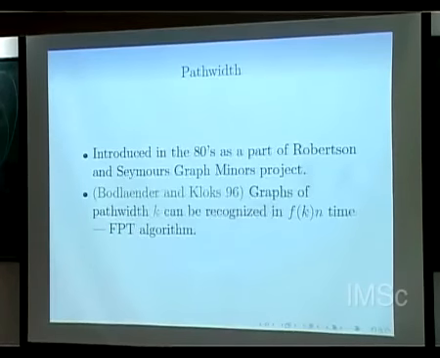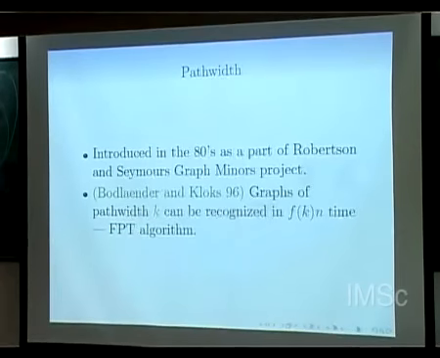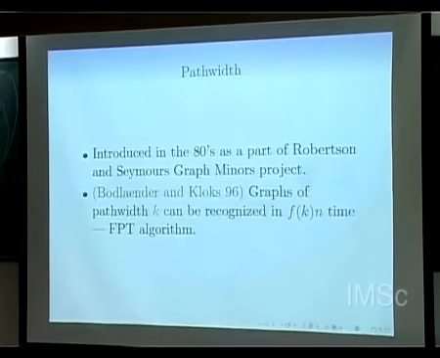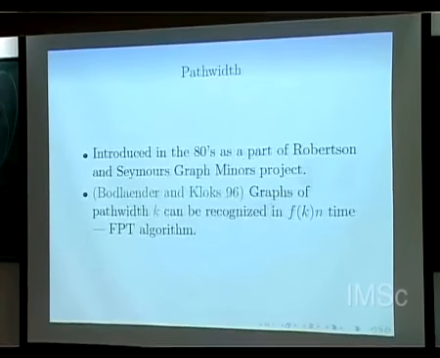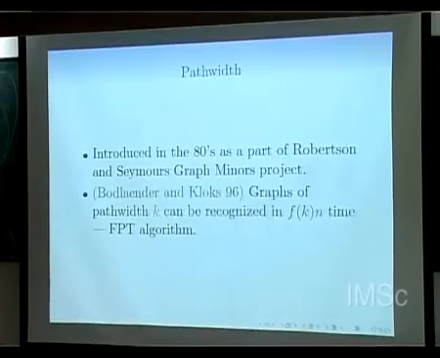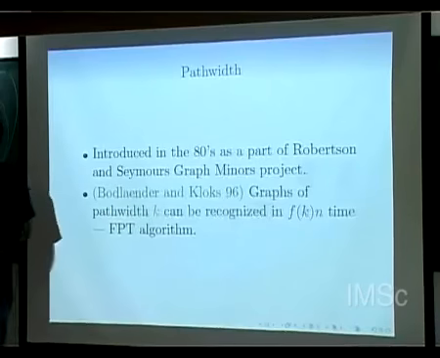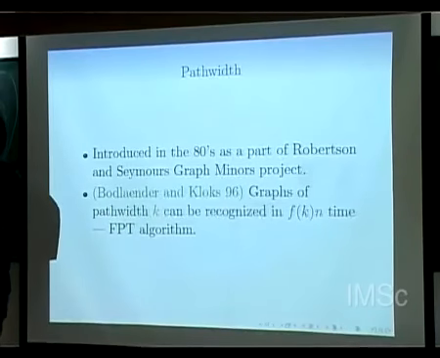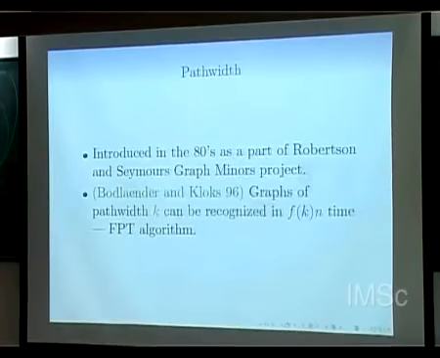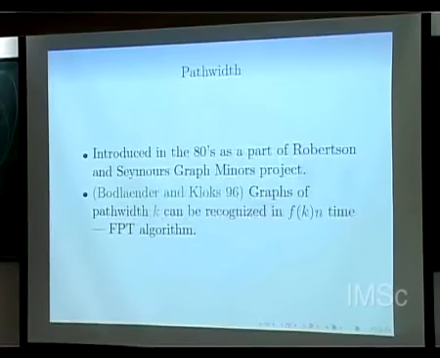So what is this path width? It was introduced in the 80s as a part of what is called Robertson and Seymour's graph minors project, and Bodlaender and Kloks in 1996 gave an algorithm which can detect whether a graph has path width k or not in time f of k times n. So if you want to test whether a graph has, say, path width 10 or not, and you want this decomposition, then in f of 10 times n time I can do this.